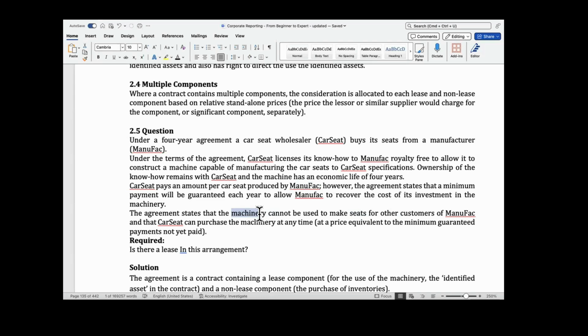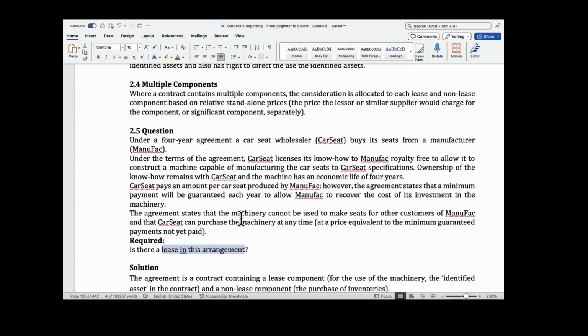He spent all his money, so he owns the machine. But this machinery cannot be used to make seats for other customers of the manufacturer. So it's only Car Seat. And we're told that Car Seat can decide to buy the machinery from the manufacturer. So is there a lease here? Yeah, of course, there's a lease here from what I can see.